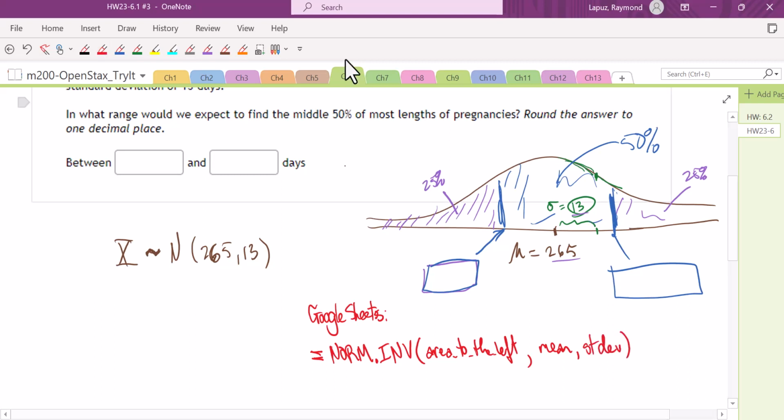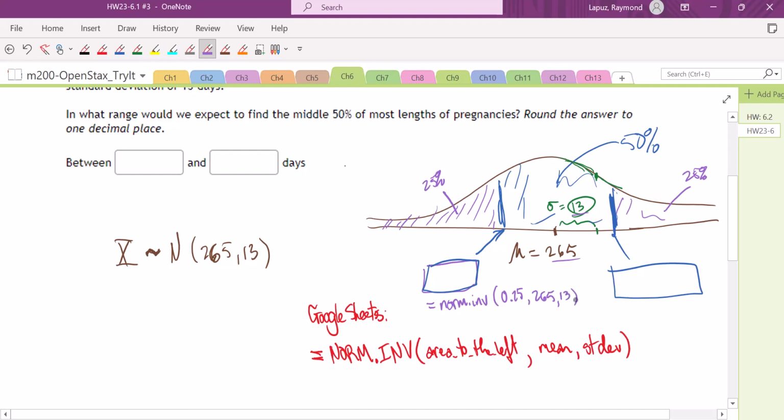In our problem, we say equals norm.inv. The area to the left is 25%, so we want 0.25. The mean is 265, and the standard deviation is 13.